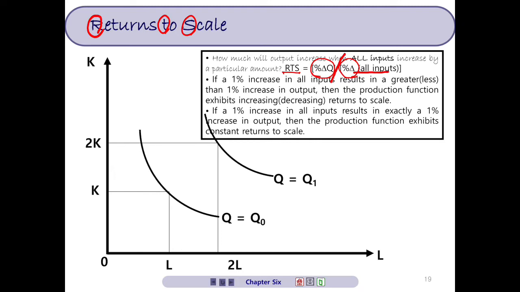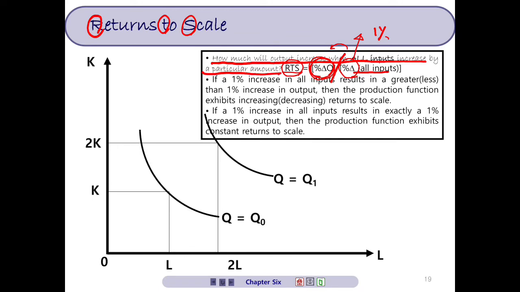We define that as returns to scale. So as we make the change, like all inputs increase by 1 percentage point, what's the response in output? How many percentage points does output change? That's RTS. So how much will the output increase when all inputs increase by a particular amount?